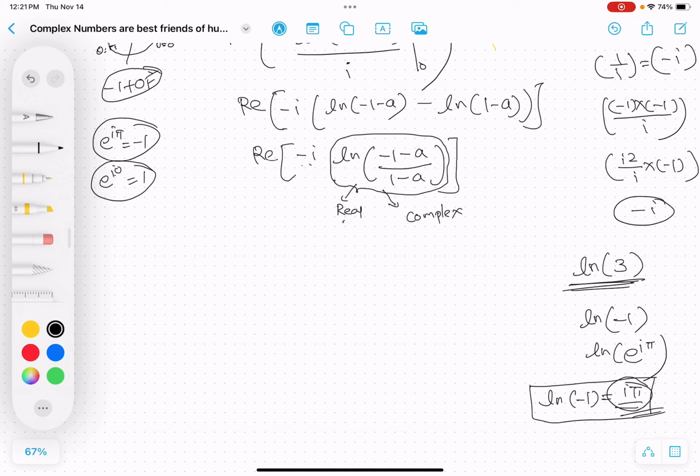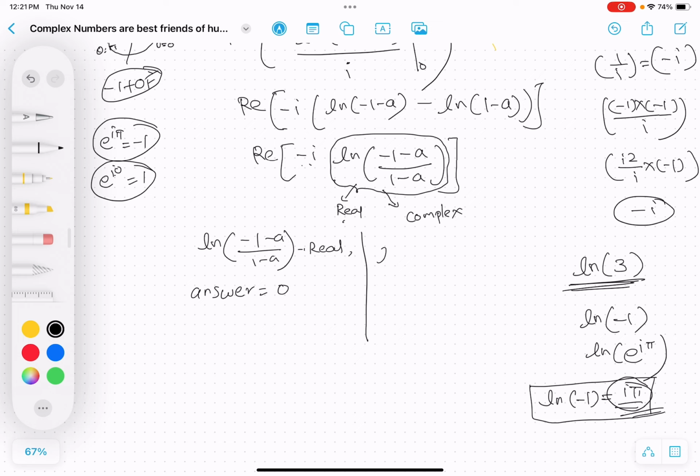So from here, what we saw is that whenever this thing is real, our answer is going to be 0, because if this is real, minus i times a real number is an imaginary number, so the entire thing is imaginary and there's no real part. The answer is going to be 0.